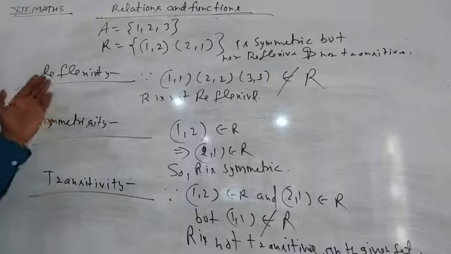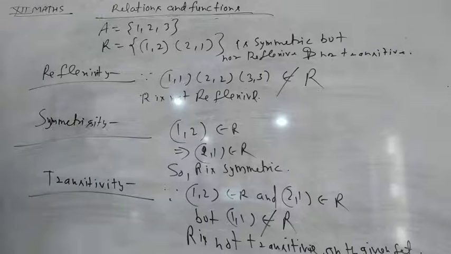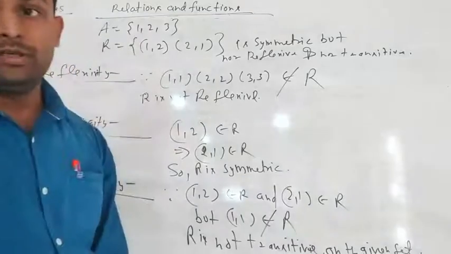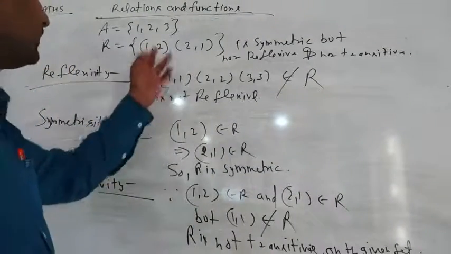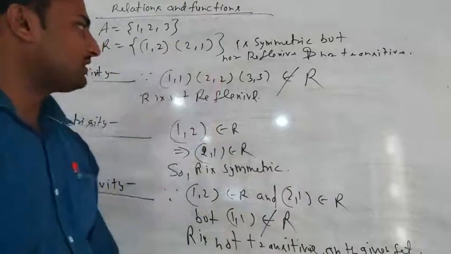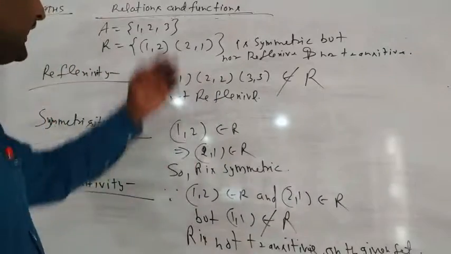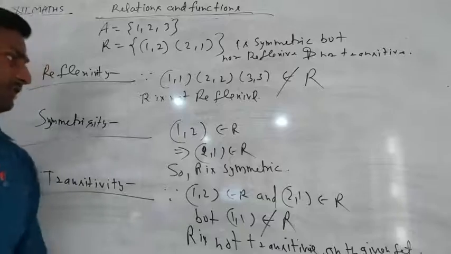Because in reflexivity, students, we know that there must be (a, a), that is (1, 1), (2, 2), (3, 3) belonging to R, but there is no such element in R. So R is not reflexive.